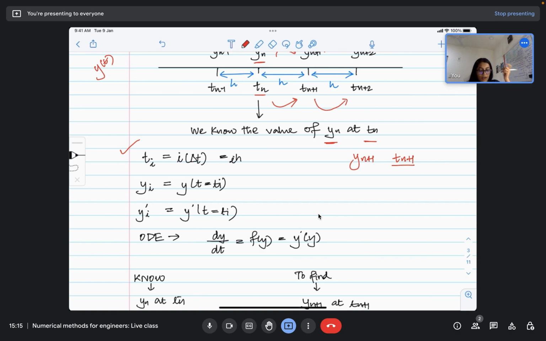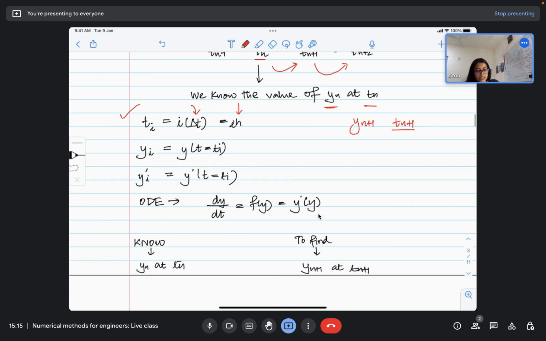So t of i is basically that ith point times the difference between the two time intervals. As the time domain is equally spaced out, the equal spacing is a distance h. So h is basically the constant interval in which the time domain has been distributed. So this ti can be written as i times h.